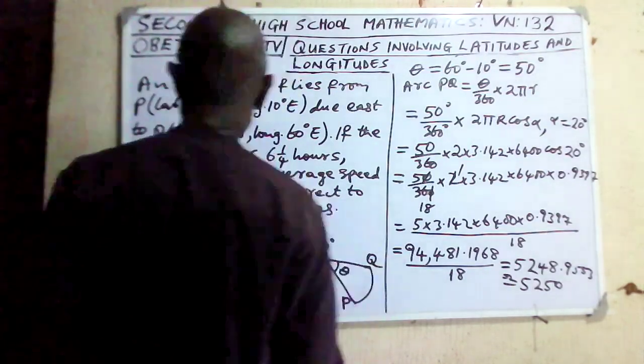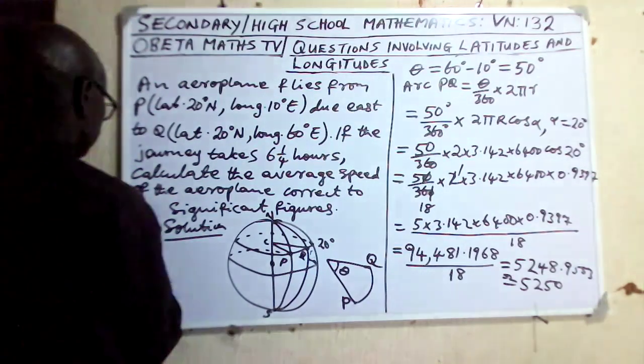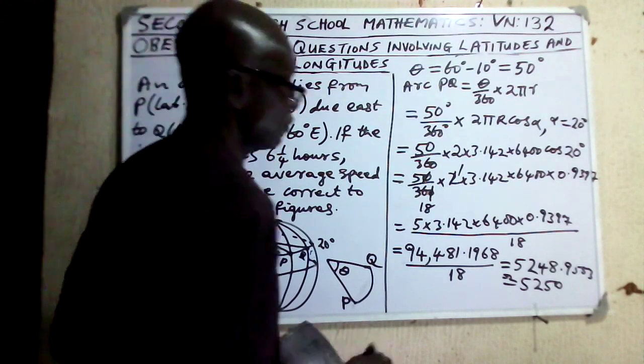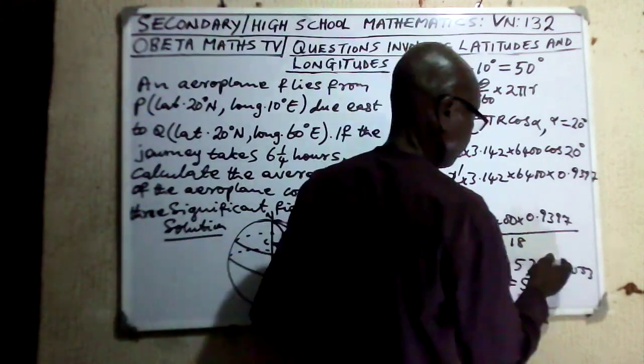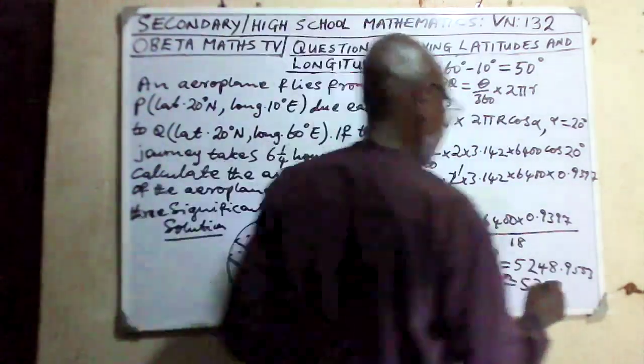I think this should be to 3 significant figures. So 3 significant figures, that is 1, 2, 3, 4. Okay. So this is now the distance covered.